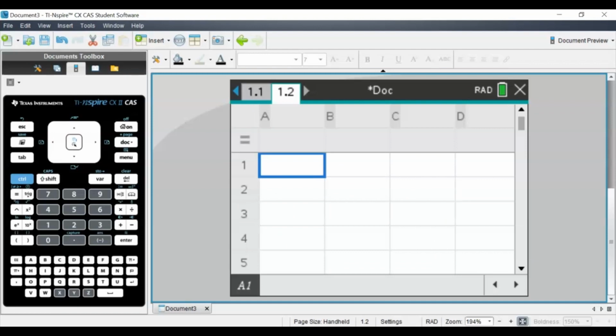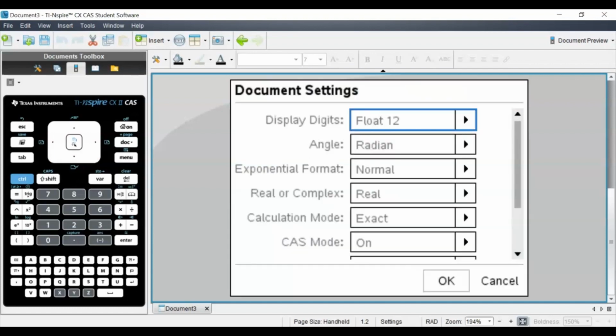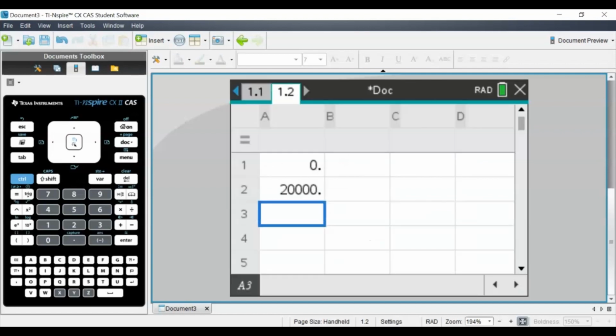Remember you start with 0, so it's going to be every 20,000. So it's going to be 20,000 here, and I'm just going to keep this one as a decimal. It's going to be 40,000.